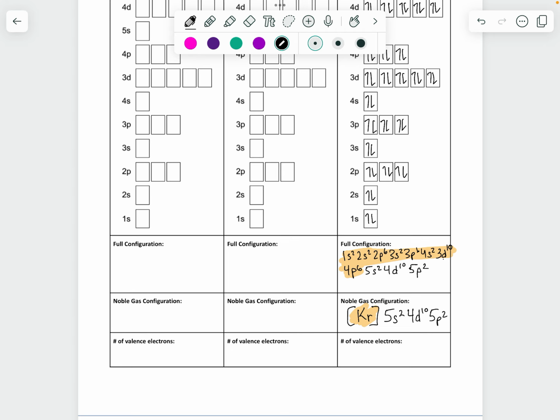And now before, we would say, okay, how many valence electrons? Well, it's basically whatever's left over. But remember, we have to identify the furthest energy level. Although the D subshells do get filled in before the P subshells, they are still not part of the furthest energy shell or ring. So we have to base it off of that number, right?